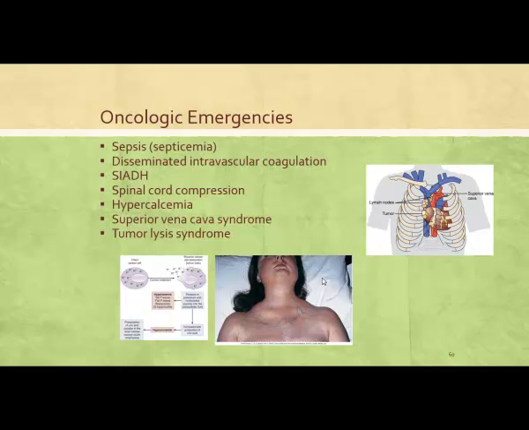With SIADH, syndrome of inappropriate antidiuretic hormone, we see this a lot of times with small cell lung cancers and brain tumors. Morphine sulfate can also cause SIADH. And with SIADH, water is reabsorbed excessively by the kidneys.